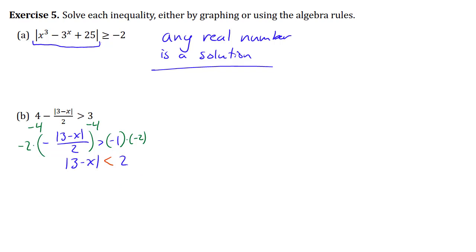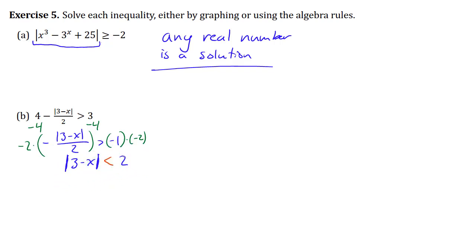All right, so let's see. This says the distance from 3 to x is less than 2. So actually at this point, you don't really need to use the complicated algebra rules because it's a simple absolute value of just a number minus x being compared to a positive number.